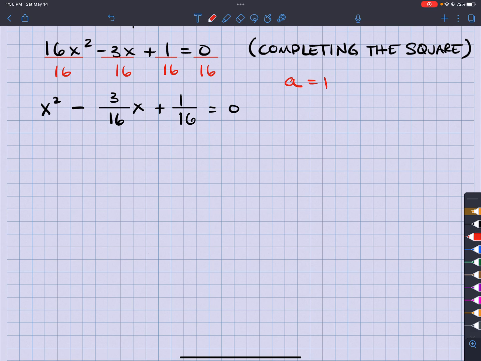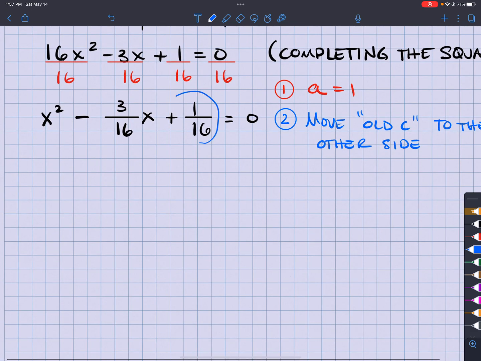So that is usually step 1, that we want to make sure that a is equal to 1. The second step is typically that we move the old c to the other side. So in other words, we've been in this relationship for so long, we realize that he is no longer the right one.